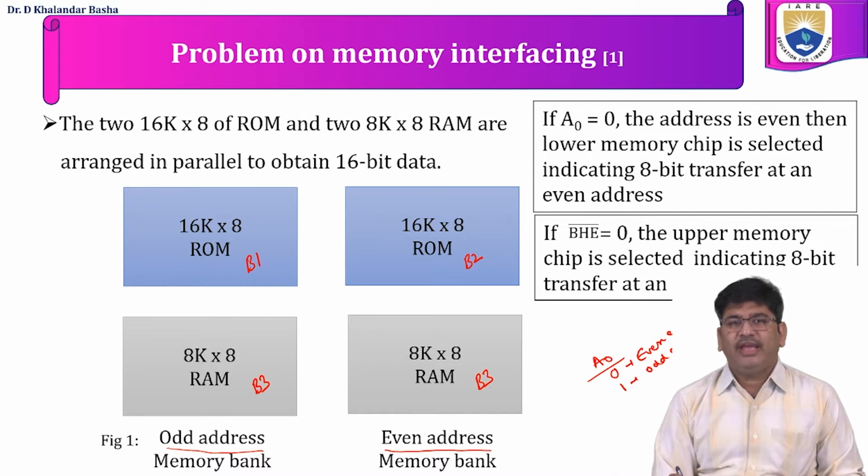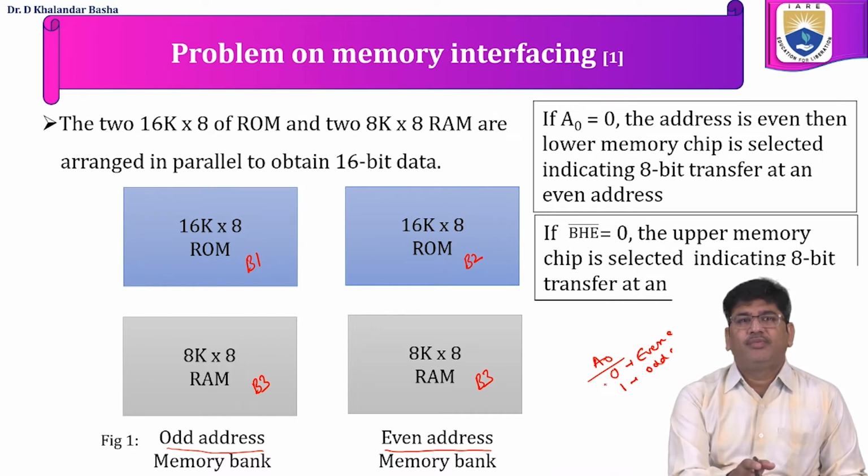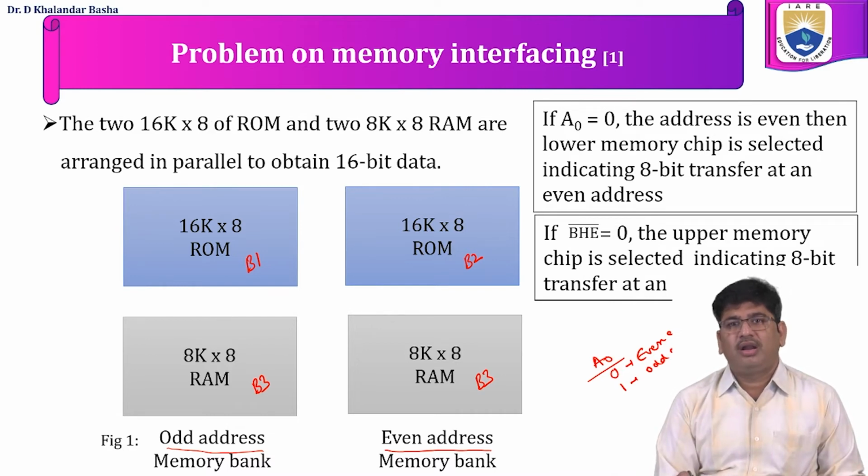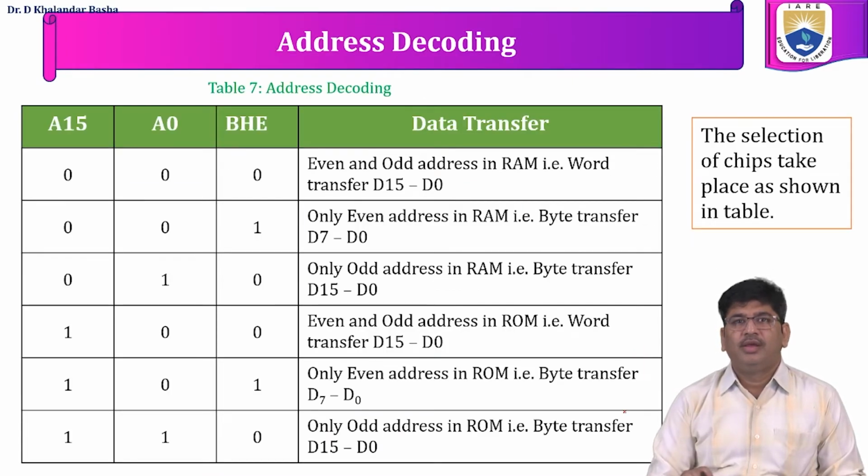If BHE bar is equivalent to 0, the signal is said to be active, and the upper memory, which is placed on the odd address memory bank, is selected. Indicating an 8-bit transfer at an odd address, combined with A0, it will decide whether it is a 16-bit or 8-bit data transfer.